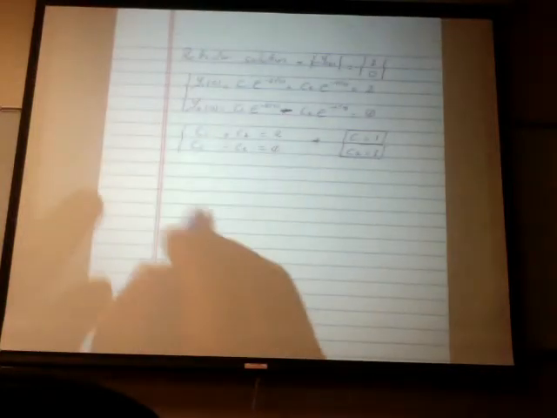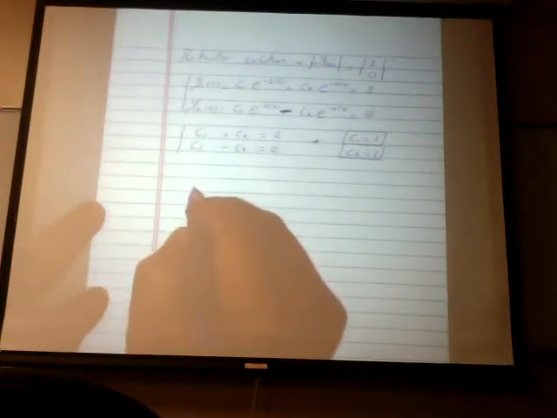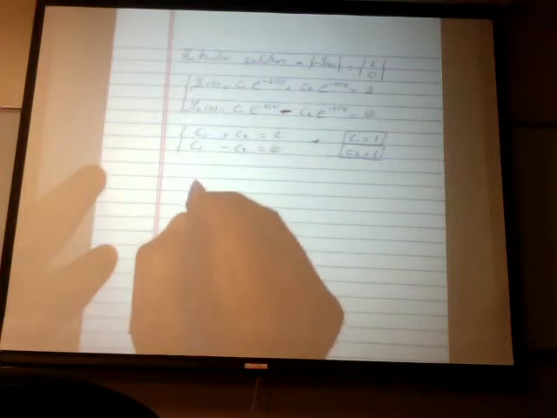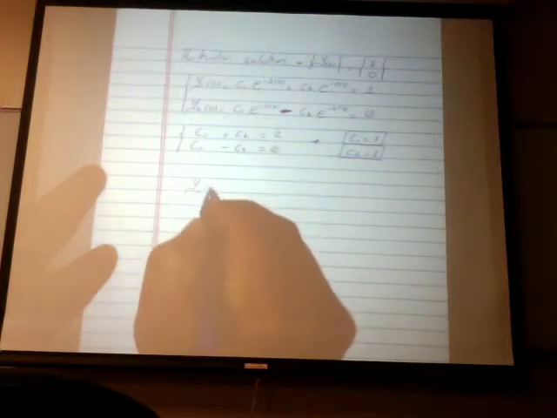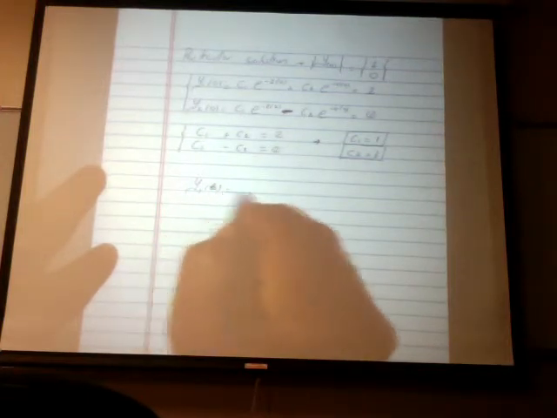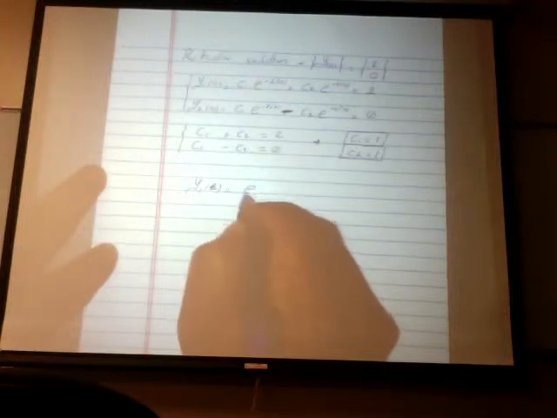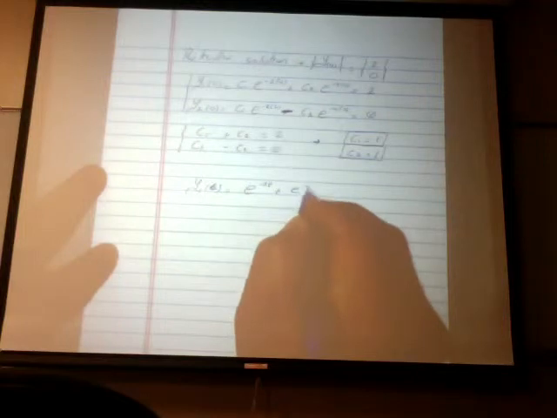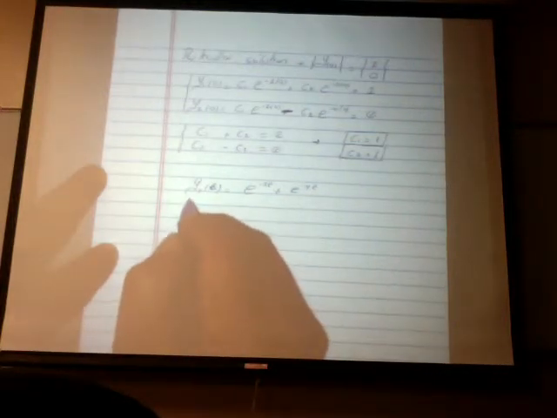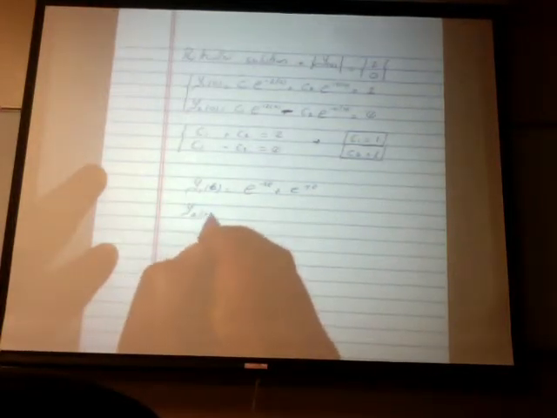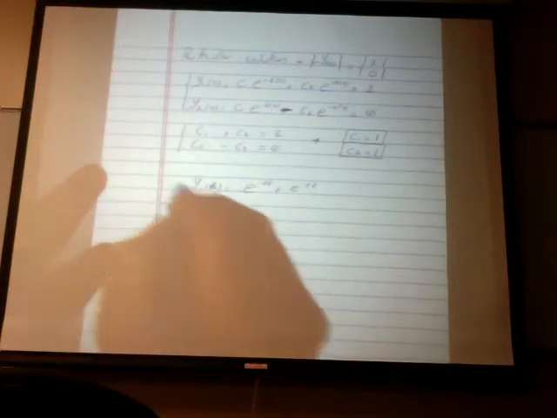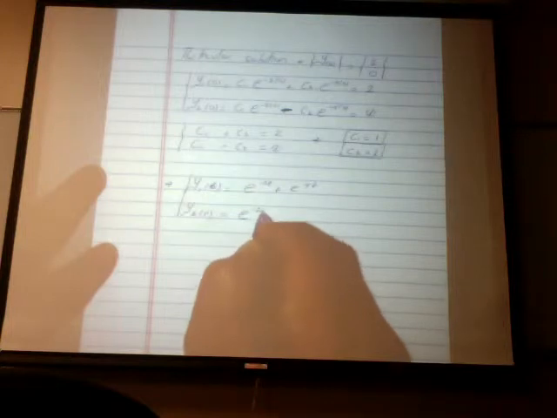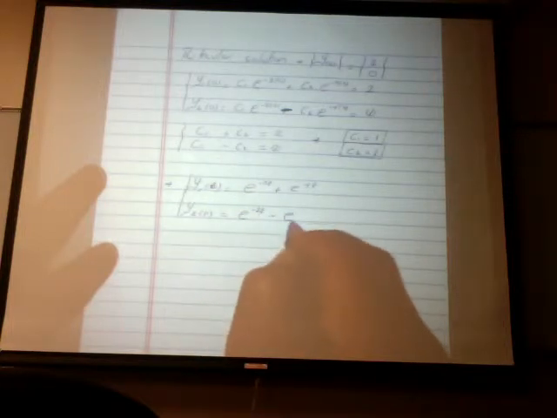So the particular solution looks like y1 of t is equal to c1, which is 1, times e to the minus 2t, plus c2, which is 1, times e to the minus 4t, and y2 of t is equal to e to the minus 2t minus e to the minus 4t.